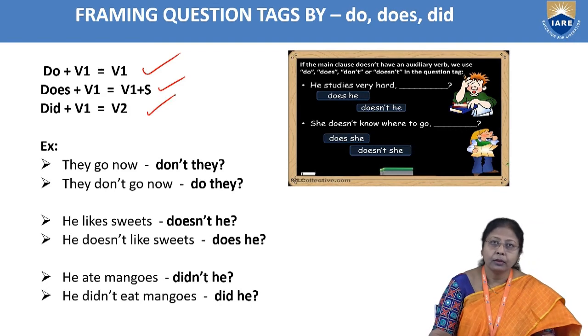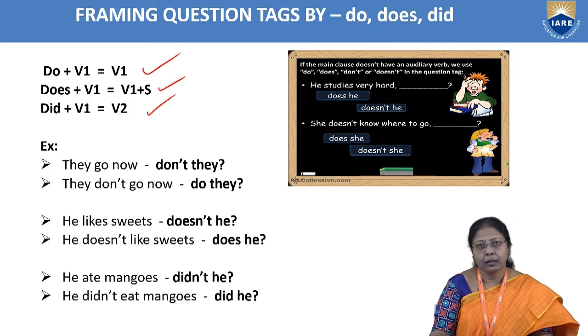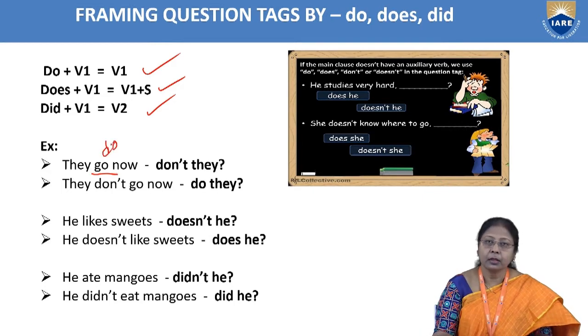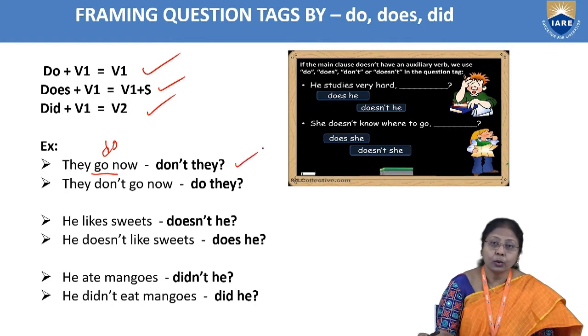Present tense: do with V1, does with V1 plus S. Past tense: V2 is did. Already we have discussed these; once again, it's like a recapitulation for us. They go now. Go is a verb which comes under the auxiliary verb do. So we have taken don't they.